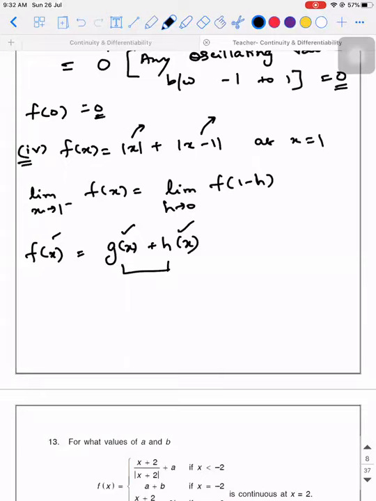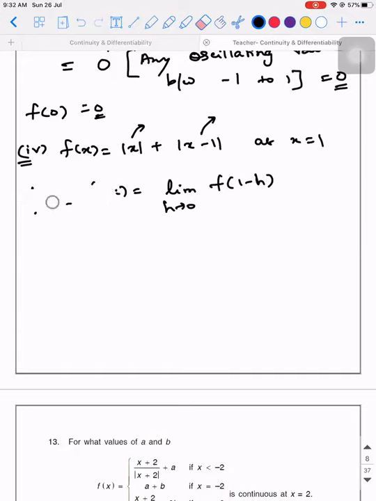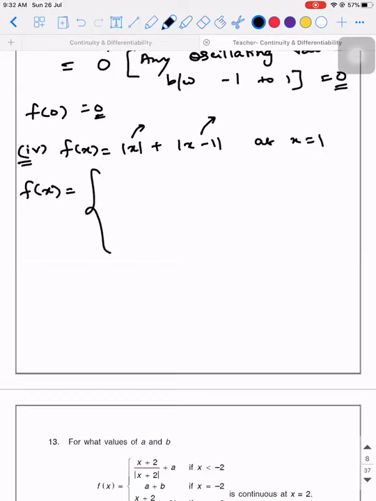Had the same question been asked as, let's say, a 4 mark question, they're expecting detailed steps from you. First we have to take mod x. It will be minus x when x is less than 0, and x when x is greater than 0, but x equal to 1 is the point where you're trying to check.